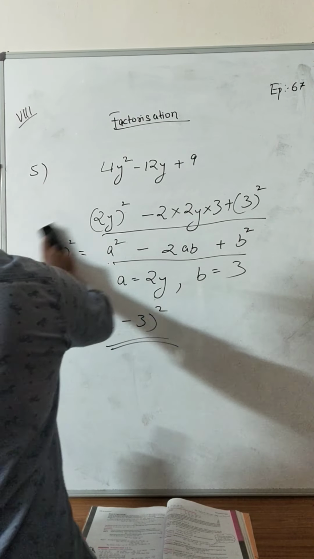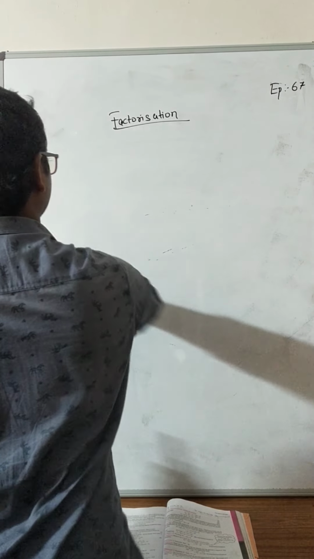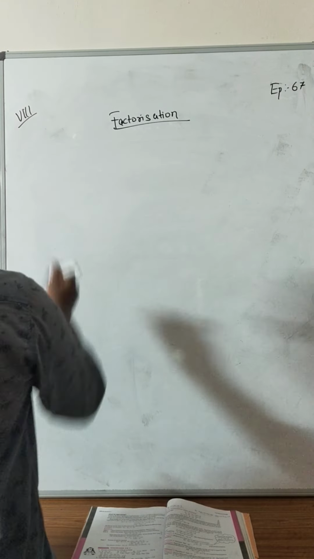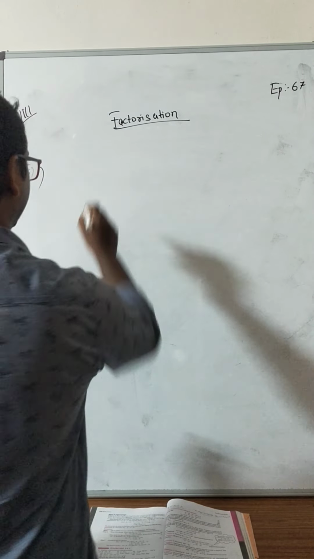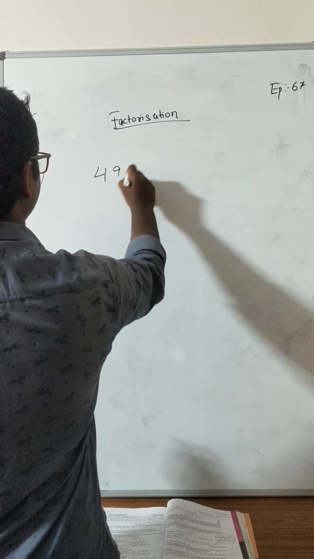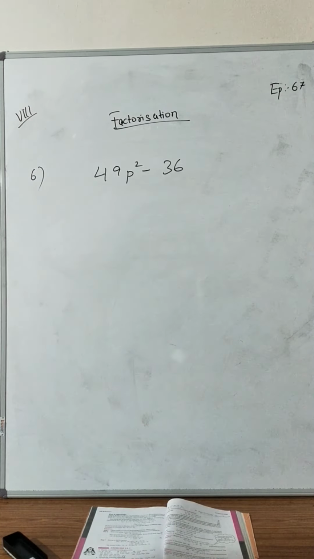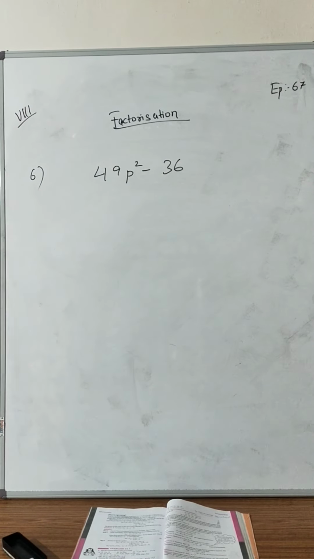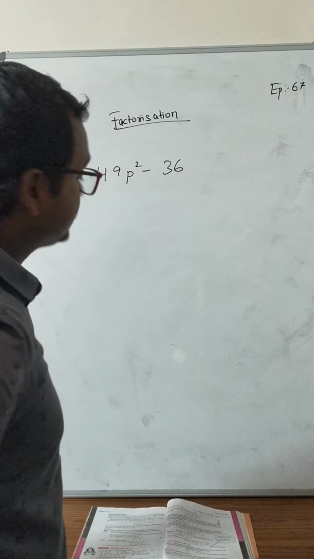Okay students, now look at example 6. Example 6 is: factorize 49p square minus 36.